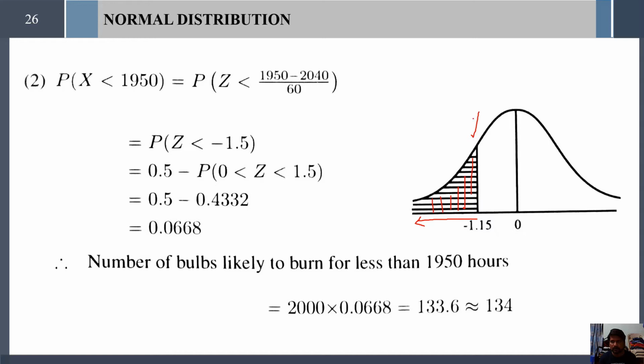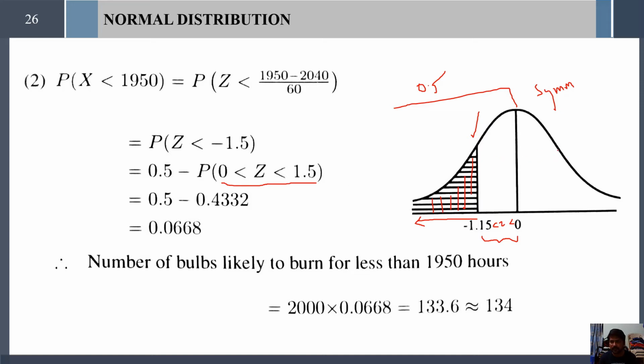To calculate this portion, this entire area is as usual 0.5. Therefore 0.5 minus the area lying between these two. Since the normal curve is symmetric, the area for minus 1.5 less than Z less than 0 can be written as 0 less than Z less than positive 1.5, because we get the same area.